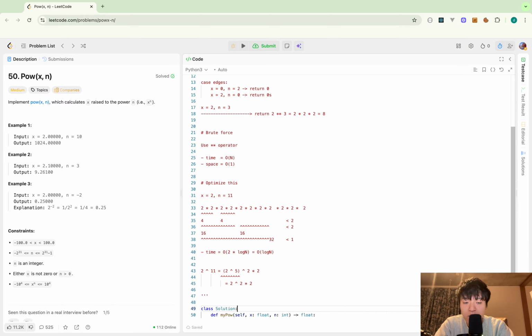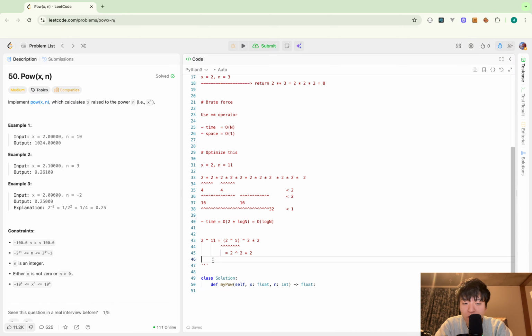Yep. So let me implement the function this way. So I think I can use the recursion. Yeah, recursion takes more space, so maybe I shouldn't. No, I have to use the recursion, because when I do this, I have to think what's the result of this.